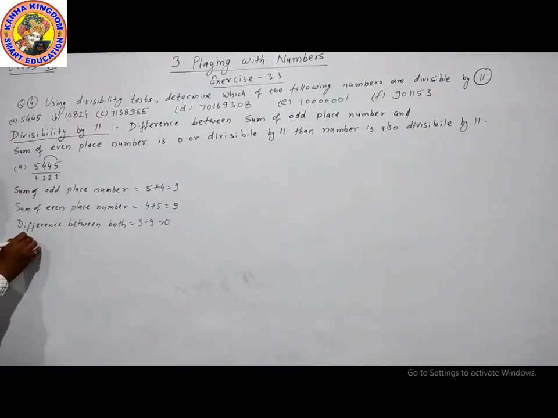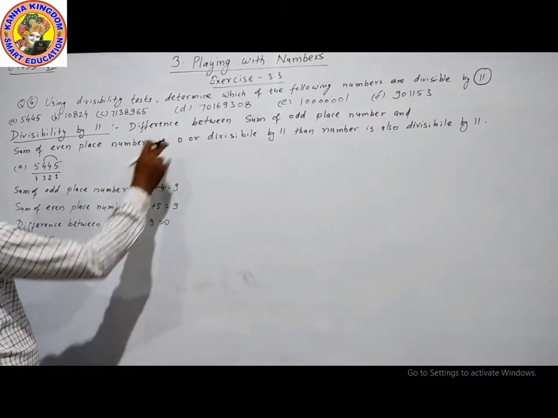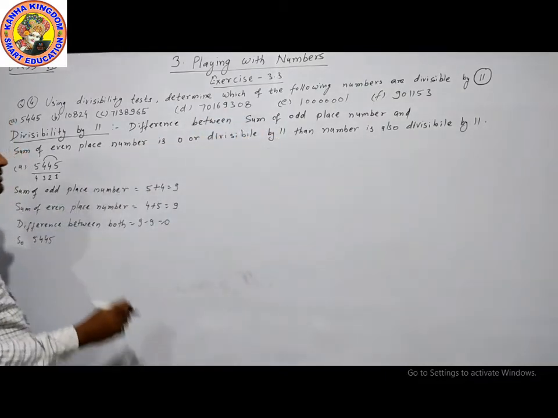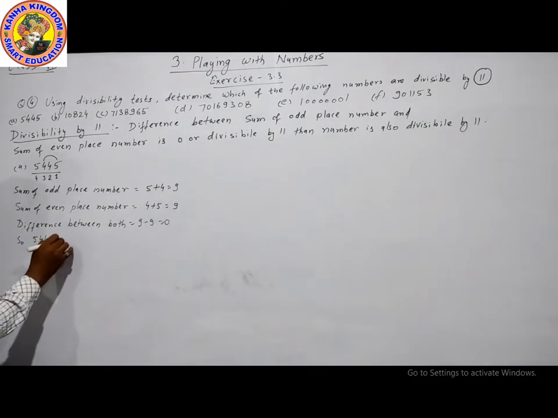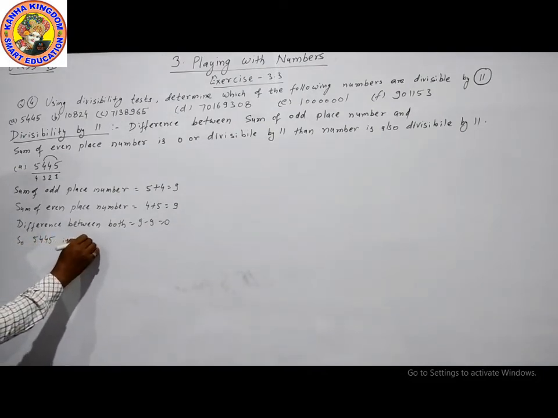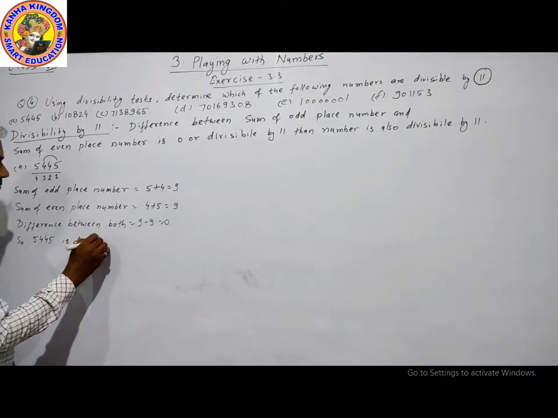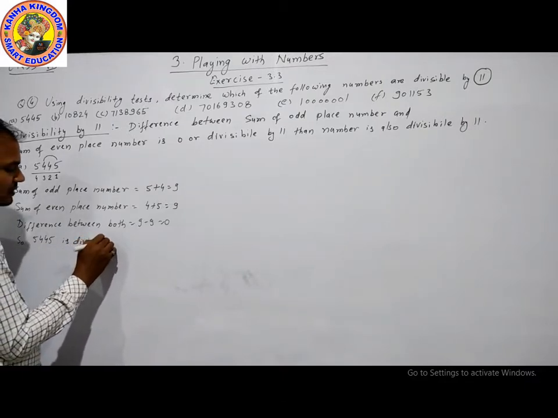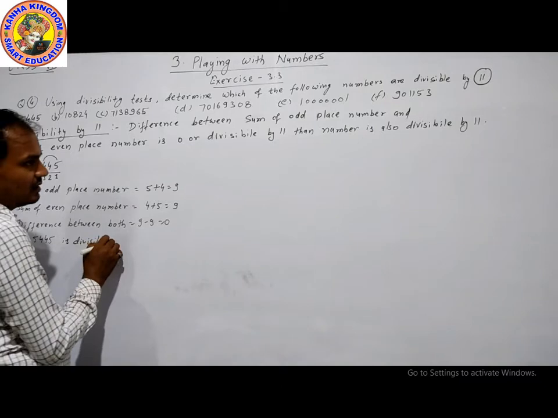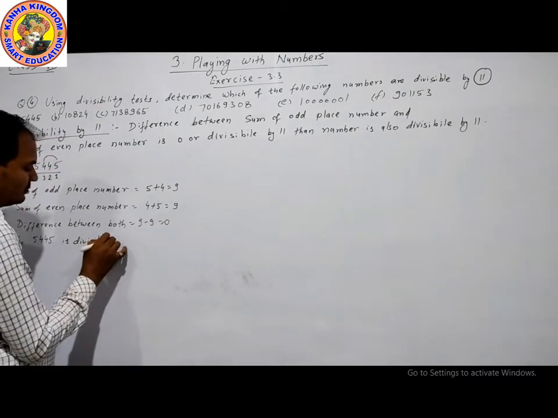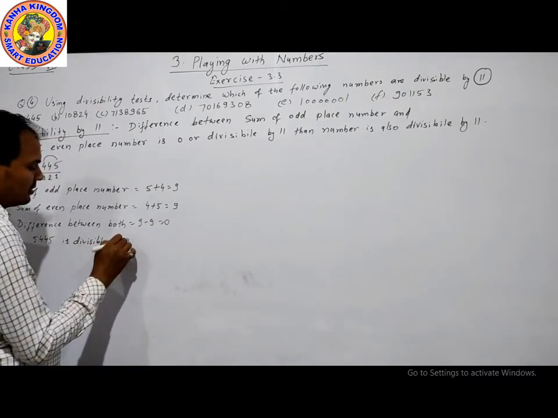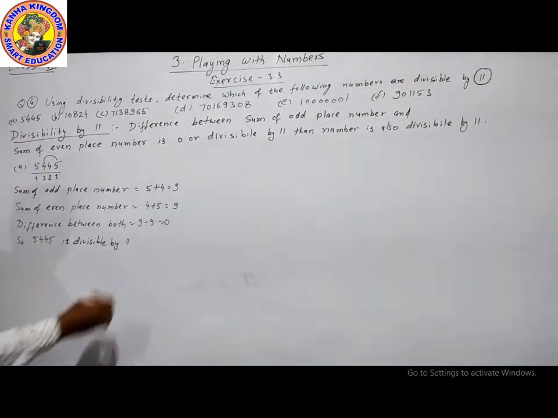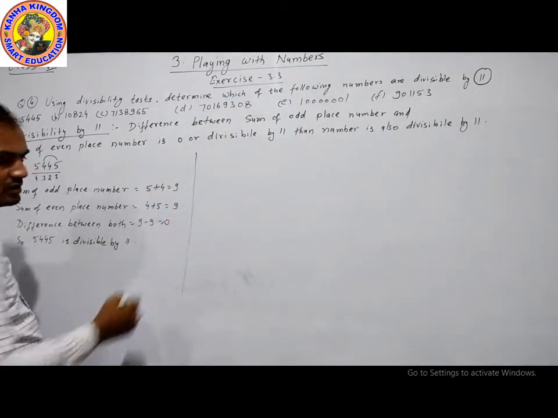So for 5 4 4 5, the difference is 0. The difference is 0, then the number is divisible by 11. So the number is divisible by 11. This is our answer.